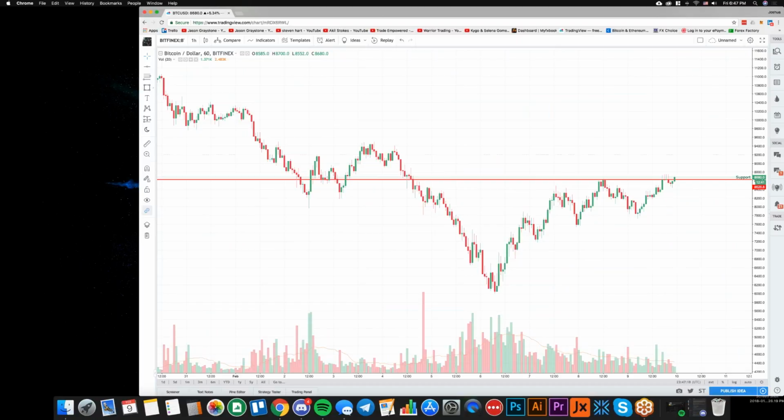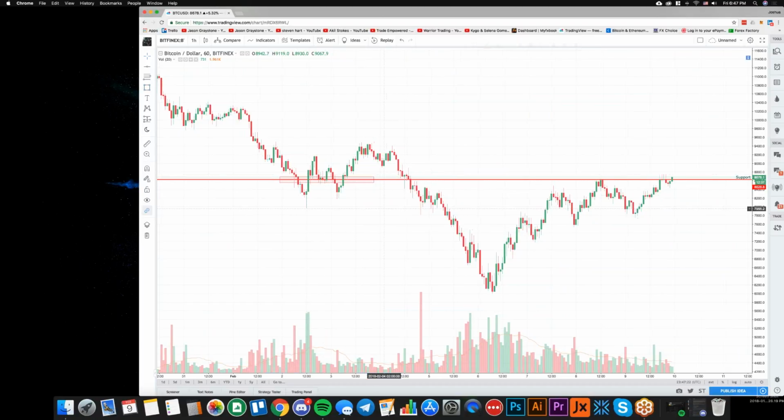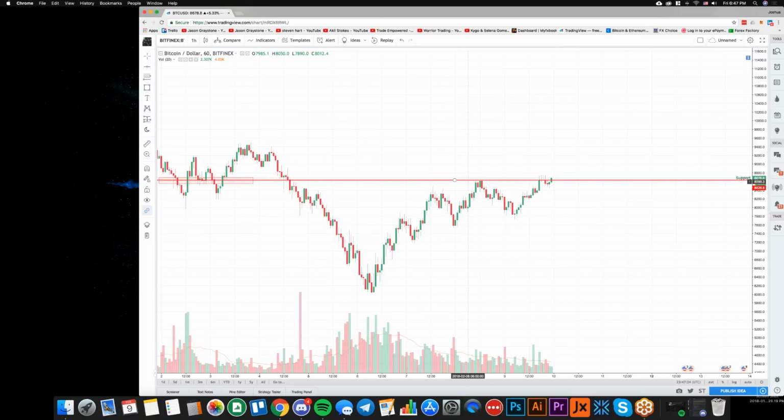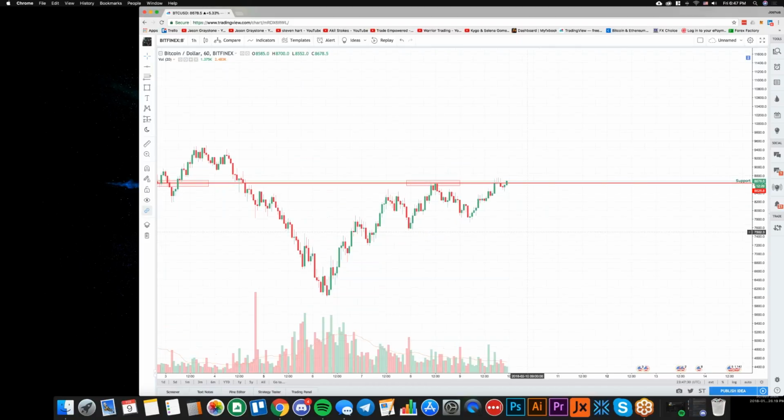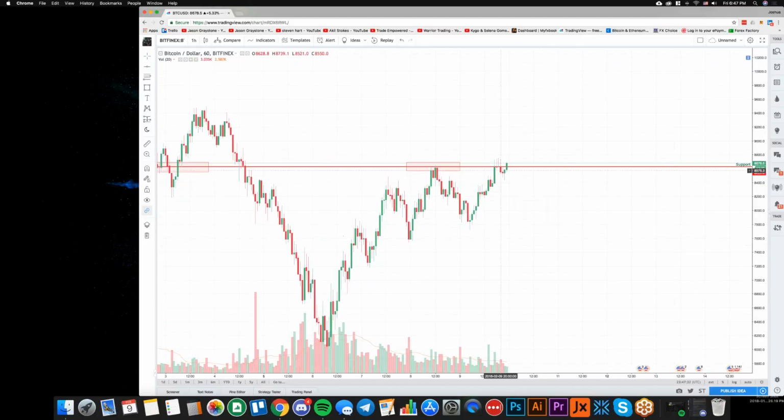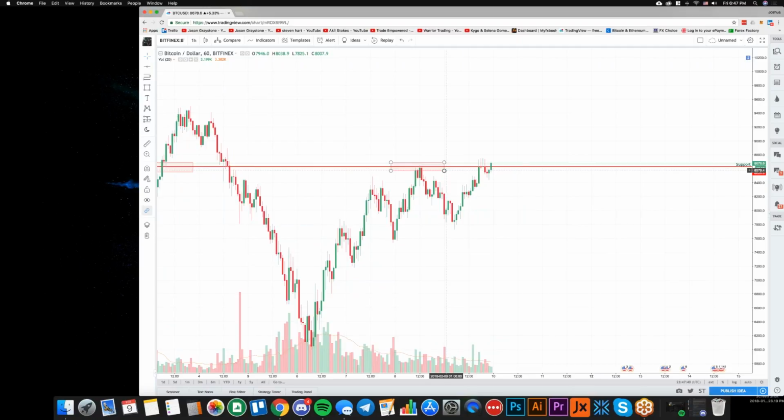Right here, you can see that the price juggled in and out. And then right here, we saw that it respected as resistance. So these 3 long wicks that we've had the past 4 or 5 hours all represent that the price is struggling in this zone.